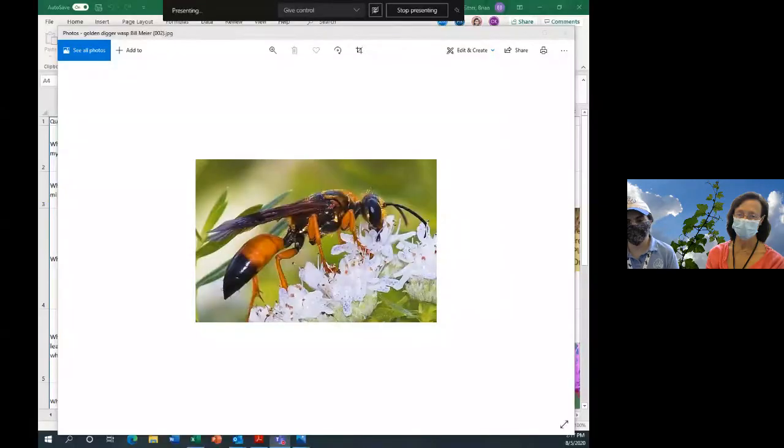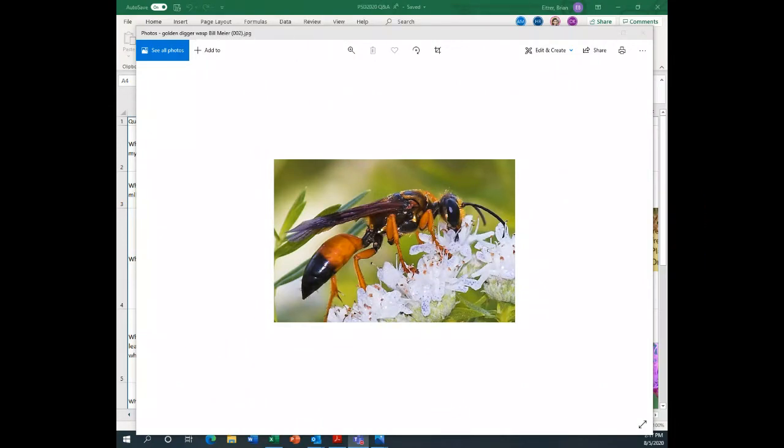I think I'm going to let Rose chime in if she's available, because we have another picture of a wasp, a golden digger wasp that she might want to talk about a little bit. Okay, the golden digger wasp is very active right now as well on those pollinator plants that we hopefully all have in our landscapes.